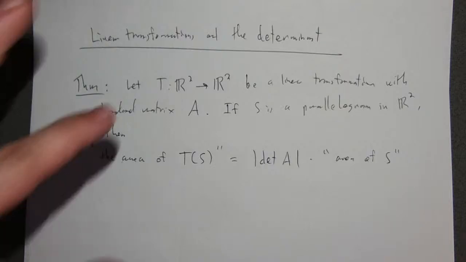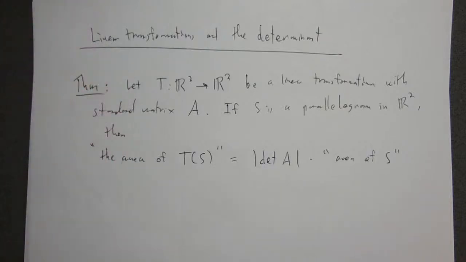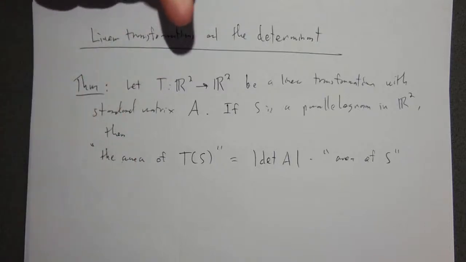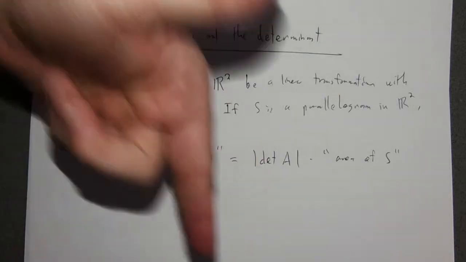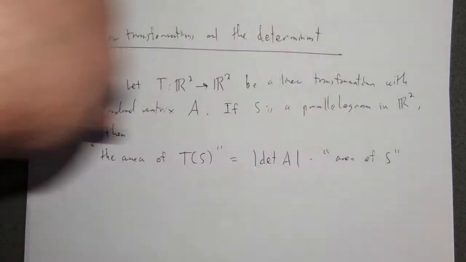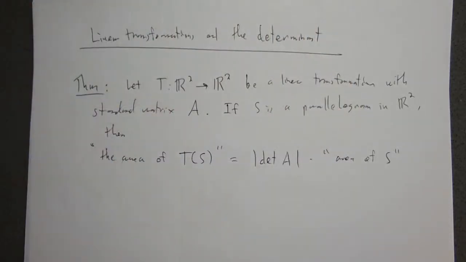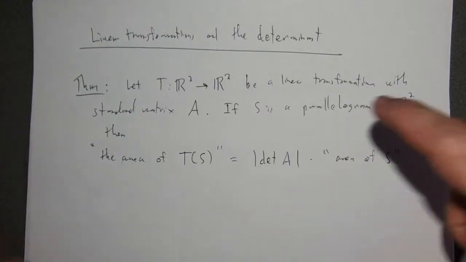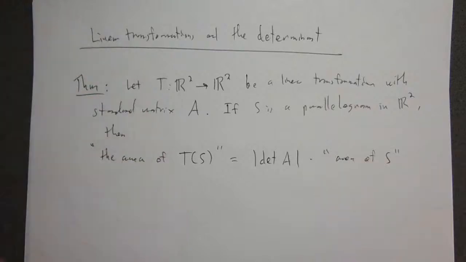Think about what transformations would do that. What if I had a transformation that was projection, so it took a point in R2 and projected it onto the x-axis, the y-axis, or some line? You're squishing geometric data, that area data. So instead of having a rectangle, for instance, that would get squished to be a line segment on one of the axes. And the area of a line segment, of course, is 0.